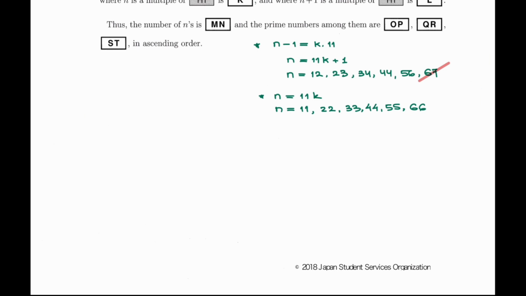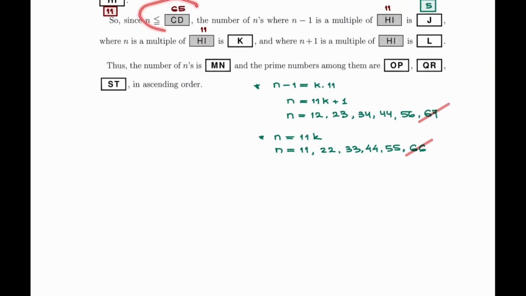Once again, this exceeds our range of n. So, where n is a multiple of 11, the numbers of n are 1, 2, 3, 4, 5. My final answer for k is also 5.